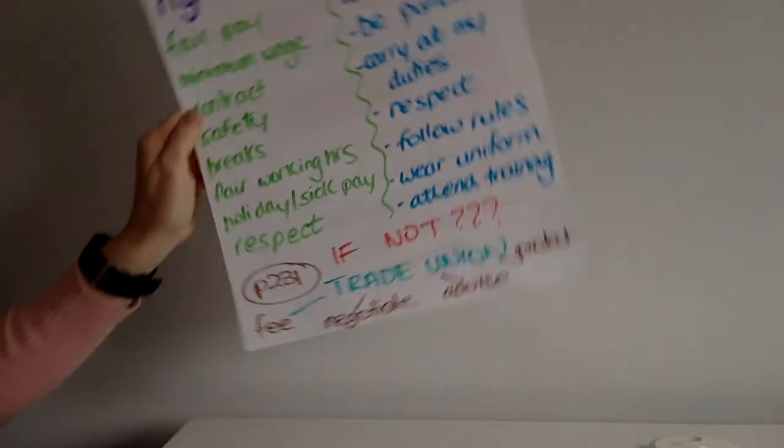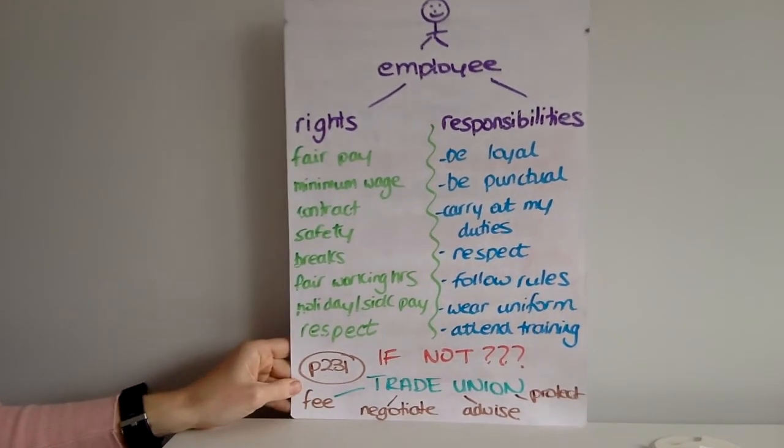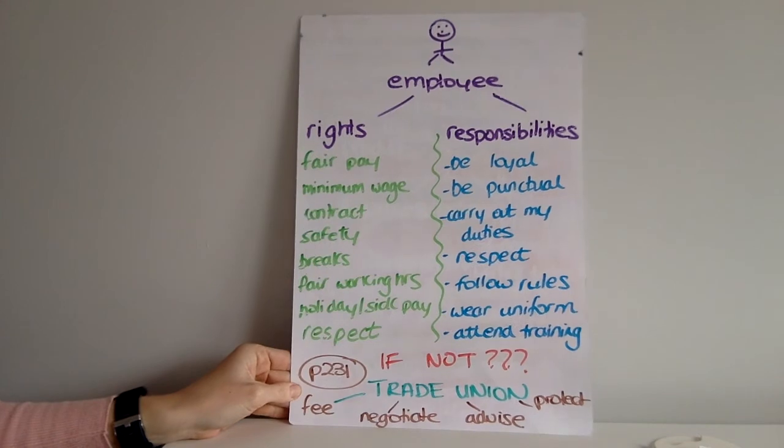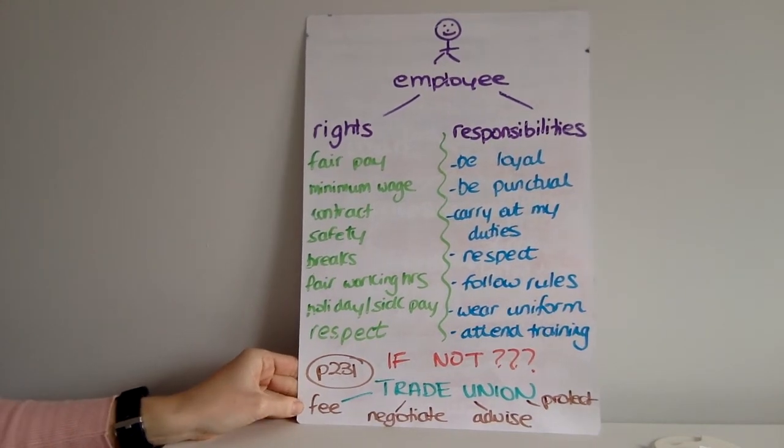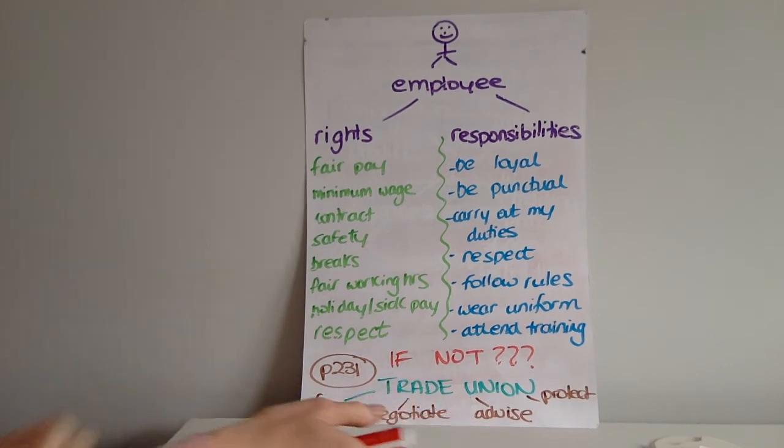Okay, so most likely when you guys do go out into the labour market, you're going to be an employee to begin with. Okay, and it's really important that you know your rights and your responsibilities as an employee. And again, you can pause the video at any point and take these down, or they're also on the PowerPoint.